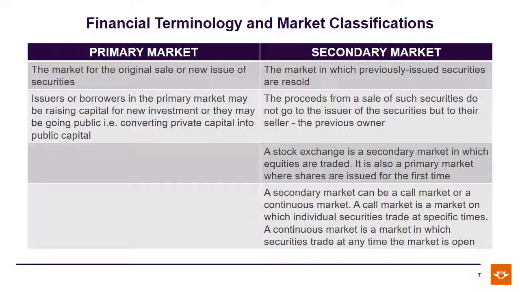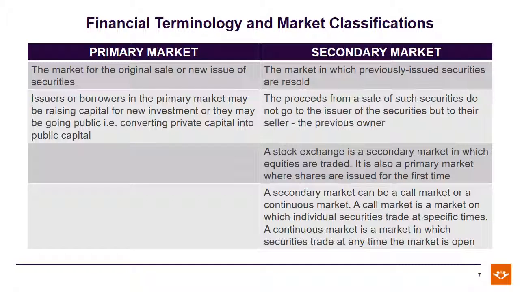They affect the market value. The company never sees the funds that are exchanged in the secondary market. Those go between investors. But what it does affect, as I said, is the market value. So as the share price goes up and down, the market value of a company goes up and down.